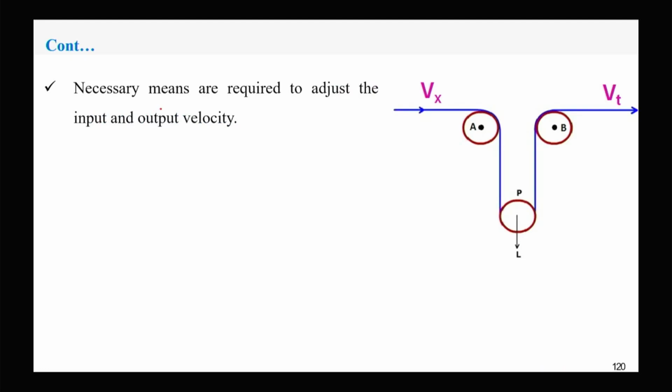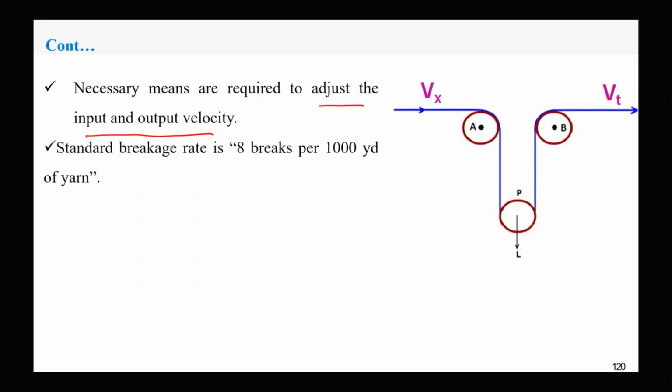So necessary means are required to adjust the input and output velocity. The standard way of expression is the tension required for 8 breaks per 1000 yard, that is the standard.